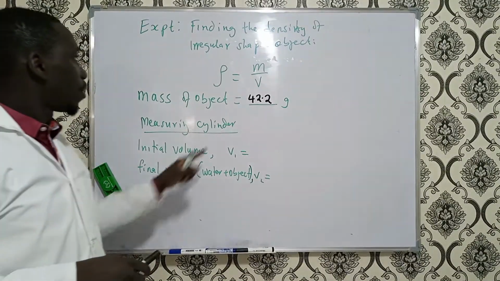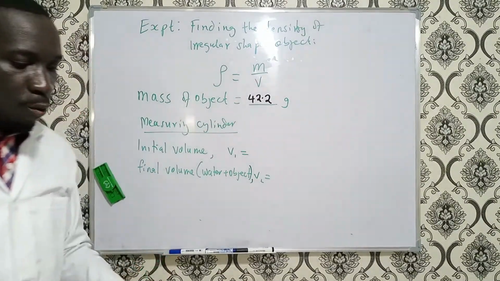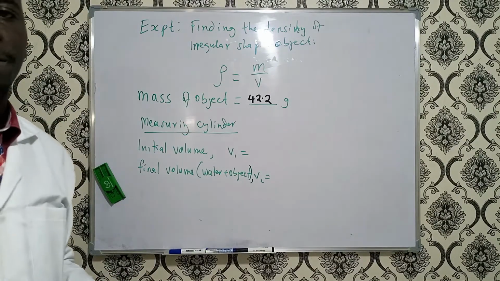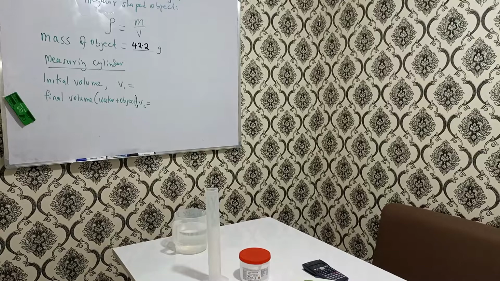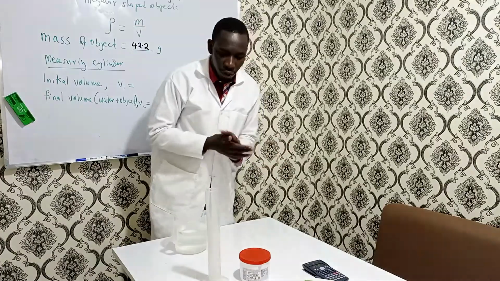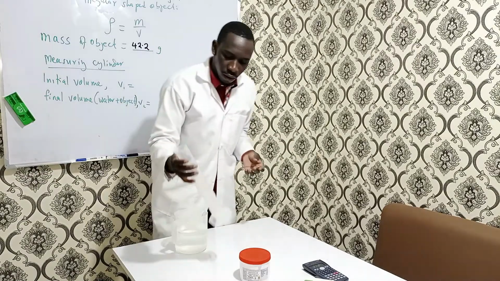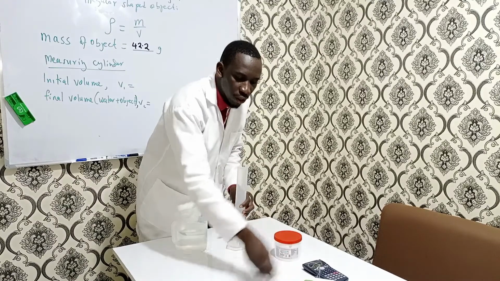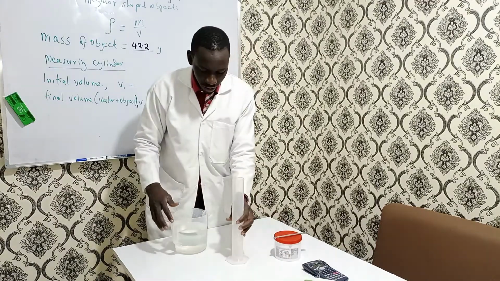So the next thing is to find the volume, for which we're going to use the measuring cylinder. How are we going to do that? The first thing to do is to pour water so that we can record the initial volume of water.